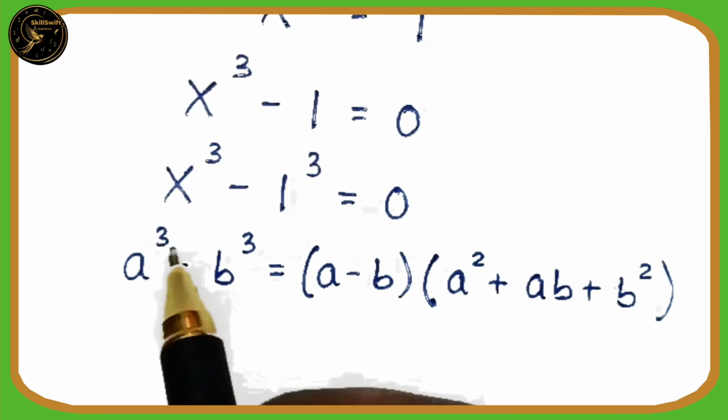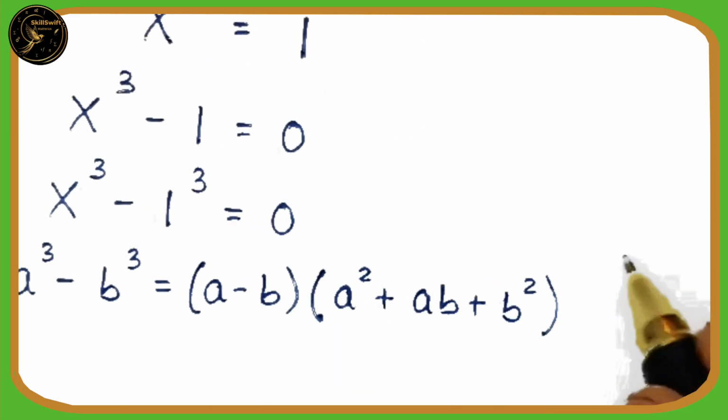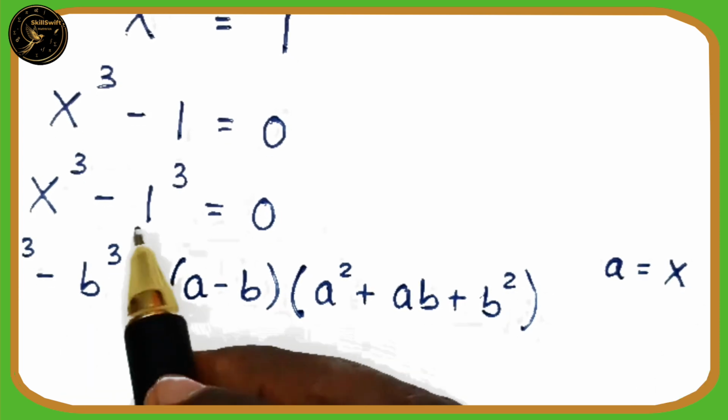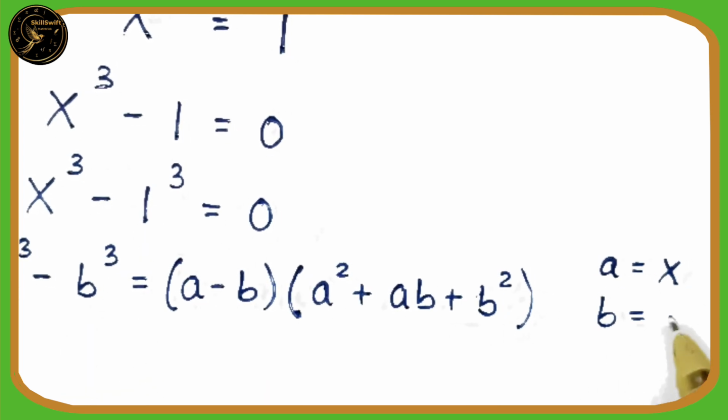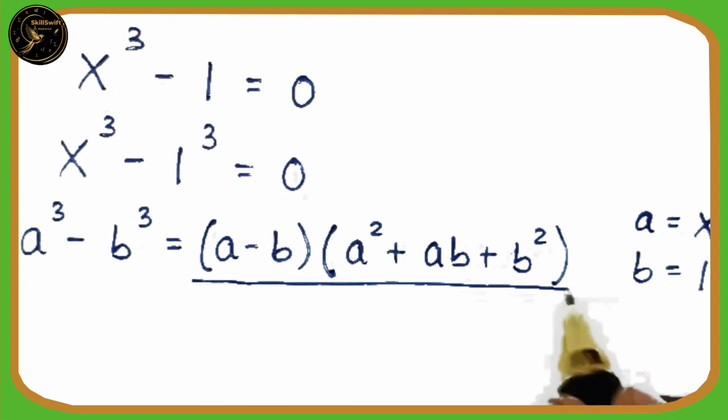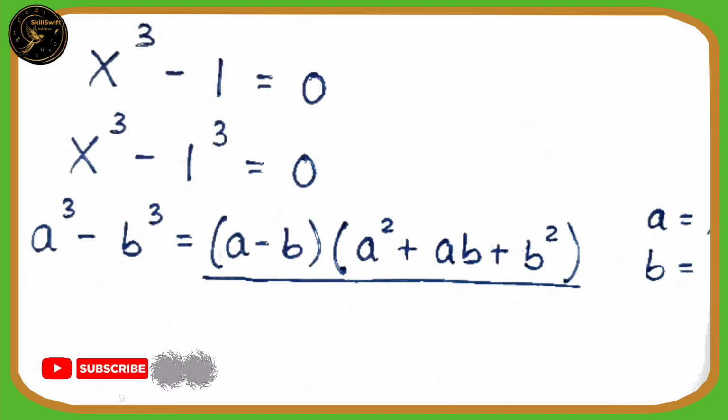When you compare a cubed with x cubed, a is equal to x. When you compare b cubed with 1 cubed, b is equal to 1. Then we apply this form and substitute a and b, which are x and 1.